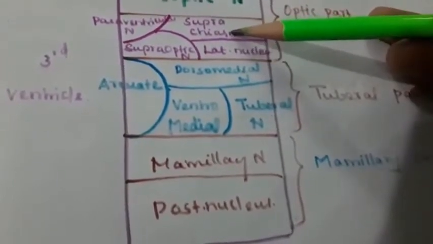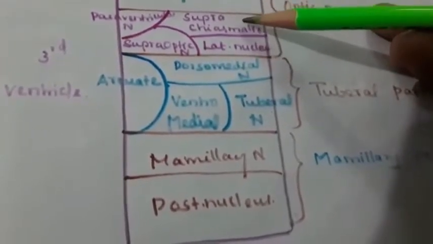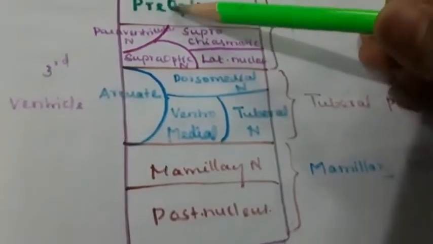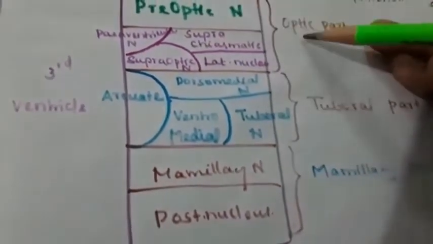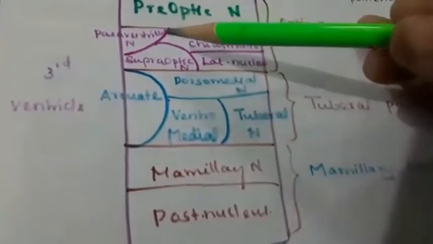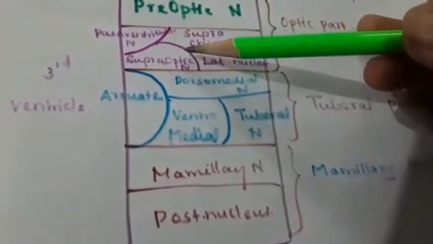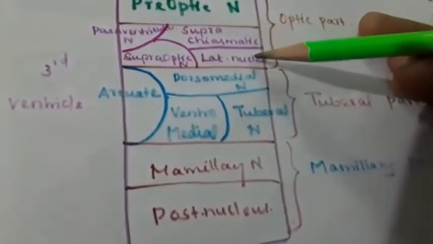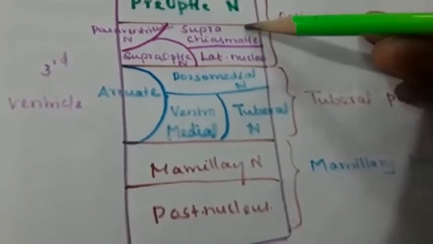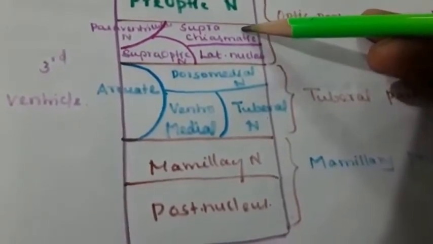And also here is another nucleus known as the suprachiasmatic nuclei. These all come from the optic part: preoptic nuclei, paraventricular nuclei, supraoptic nuclei, lateral or anterior nuclei, suprachiasmatic nuclei.